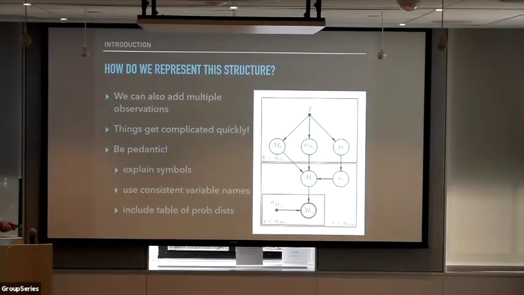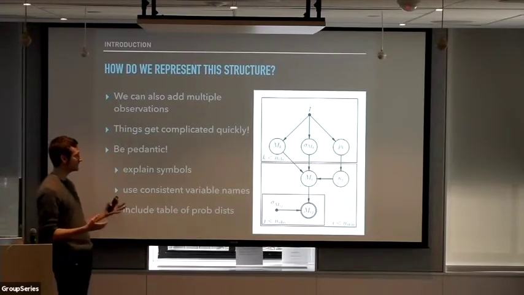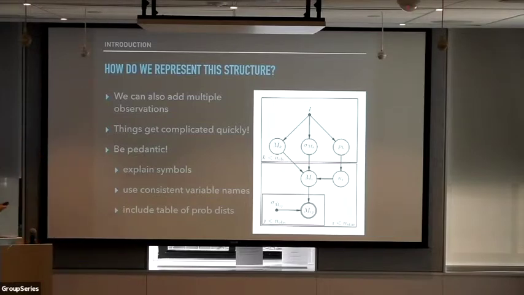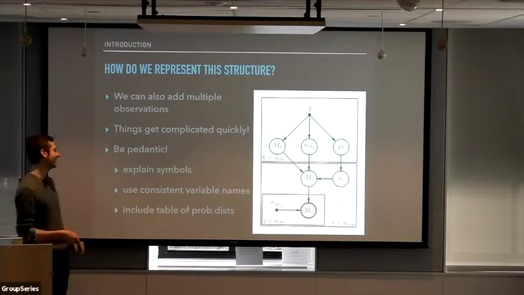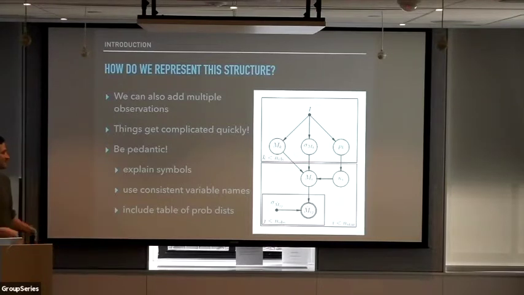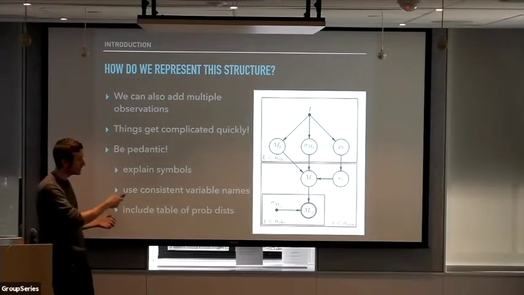And so the point that I think Hogg wanted me to make here is the fact that things can get complicated very quickly. And it is super helpful for yourself and for anyone who ends up reading your paper that you be as pedantic as possible, which is something that comes quite naturally to me. Maybe not to all people. But yeah, having one of these diagrams is super helpful.